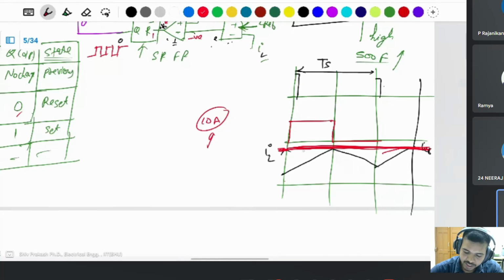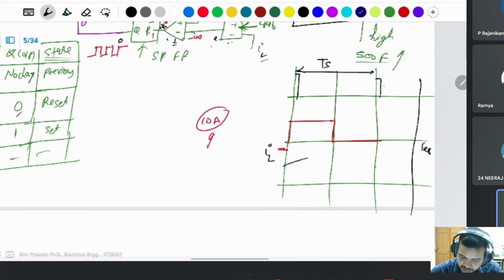Suppose you give some triangular value in place of this one. Suppose you can give a triangular reference here, and fix the maximum time, fix this IL reference.